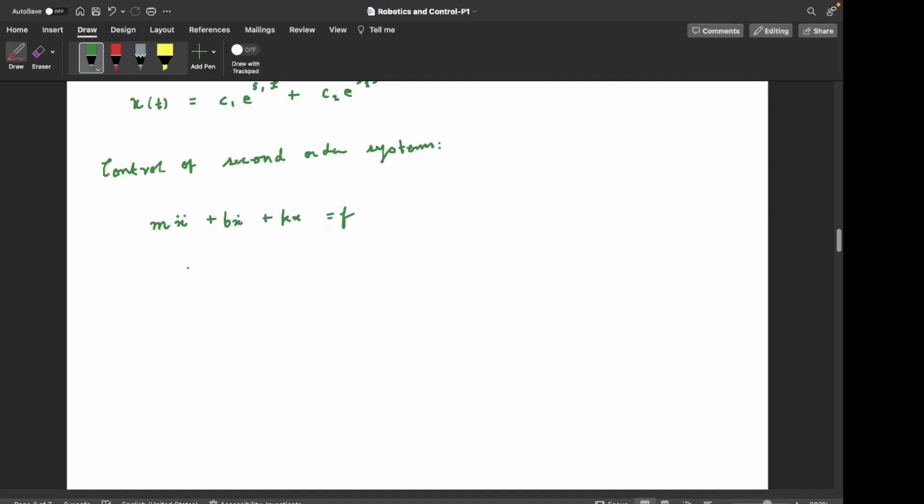So let's say we have an actuator which applies this force, kp times x minus kv times x dot, right? So what does this control law do? If x deviates from the desired position, it will try to bring it back. So basically this control law maintains a position.